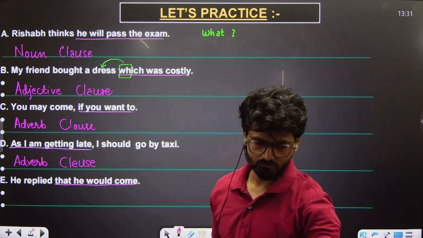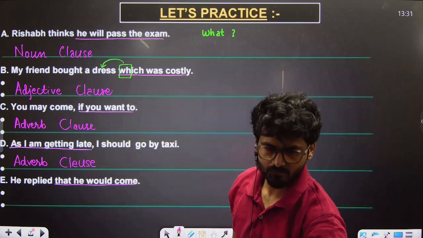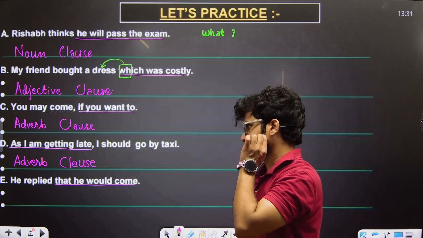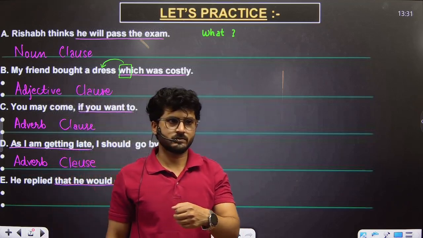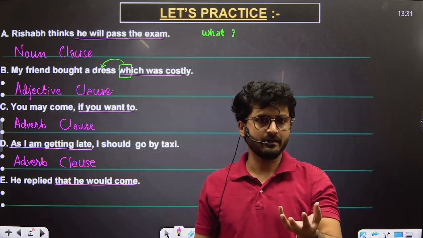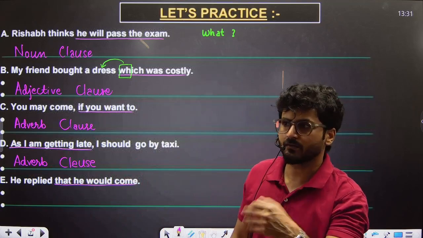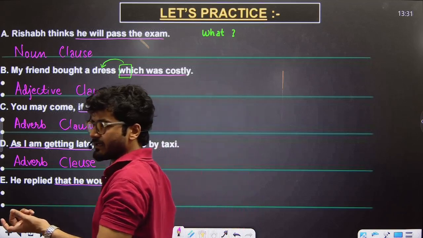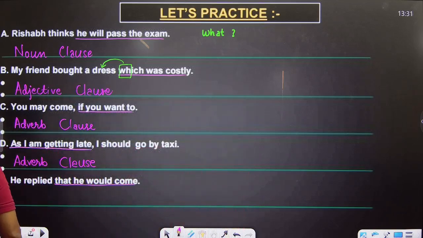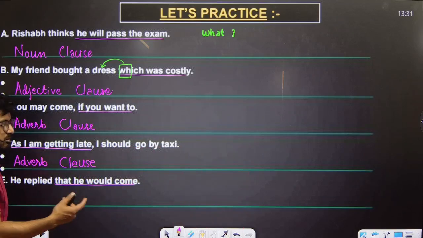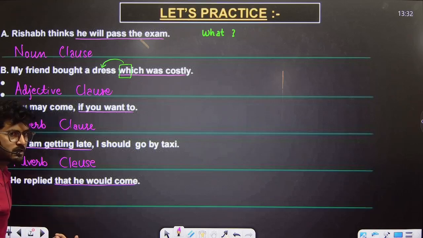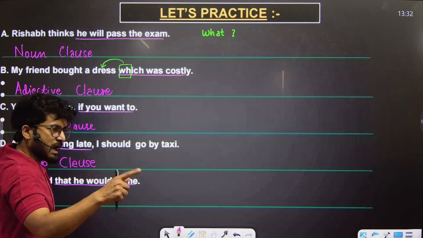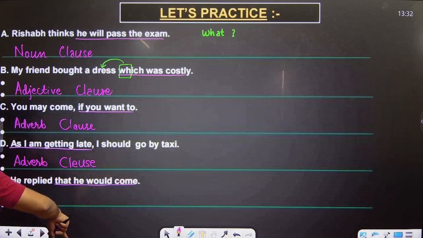No, how you can say that? किनके बारे में बताया जा रहा है? He would come, उसने जवाब दिया कि वो आएगा. नाउन के बारे में बोला जा रहा है, नेम ऑफ द पर्सन के बारे में, प्रोनाउन है. So what is it? He replied, क्या? What तो पूछो, सबसे आसान है, this is the most easy one. What? He replied what? उसने क्या जवाब दिया? कि वो आएगा. So for the what you are getting the answer, है ना?